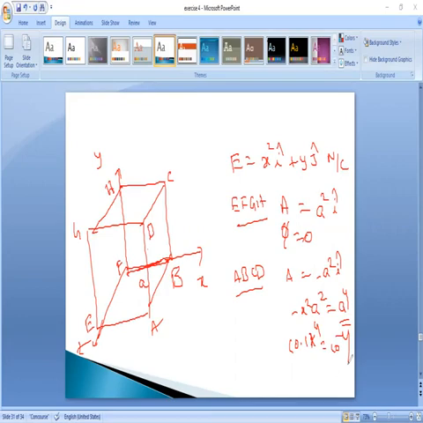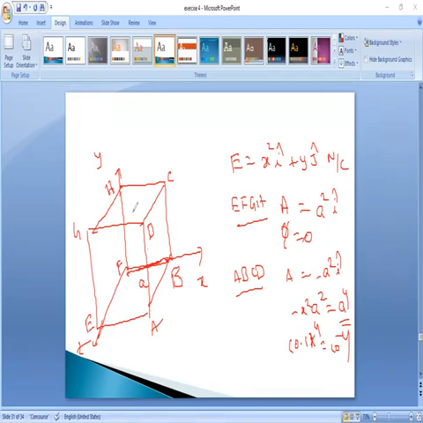In the same way, for the other surfaces you can calculate, which are in the direction along the y-axis. Whose area is along the y-axis? One is GBCH and the other is ABEF. In one case, this is at y equal to 0, so the flux through this surface will become 0.